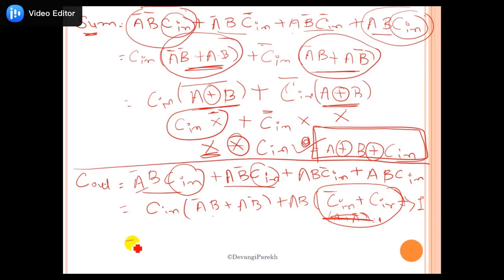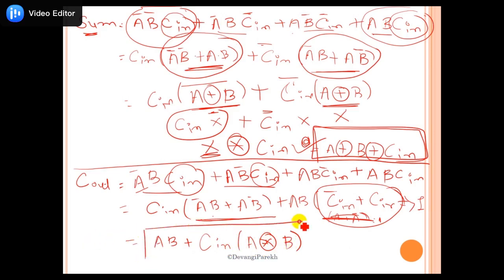So our final Boolean expression is A into B plus, again if you remember this Boolean expression, it is the same as A XOR B. So C in into A XOR B. So here is the final Boolean expression for C out.